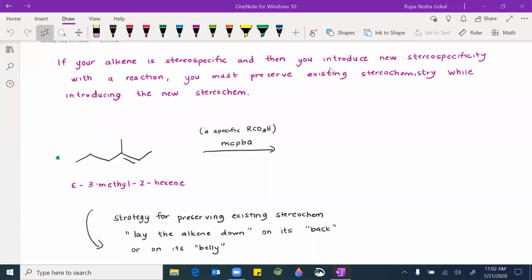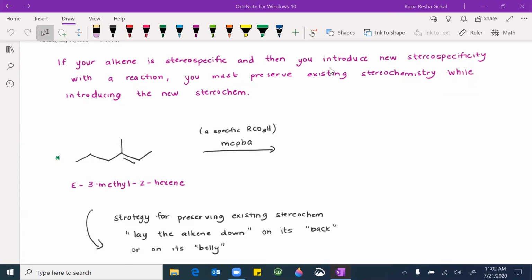All right. If I have existing stereochemistry on my alkene, I've got to preserve it while also introducing the new stereochemistry, okay? So this is a strategy. Now, the strategy she shows you in the book is to memorize the terms erythro and threo. And I don't think that is very helpful because you don't know what threos and erythros are.